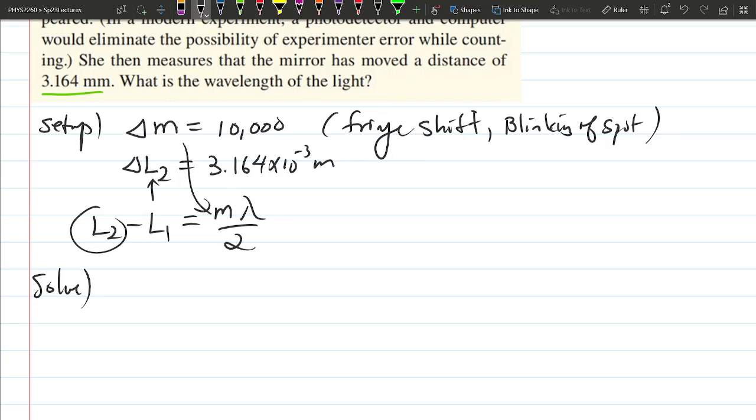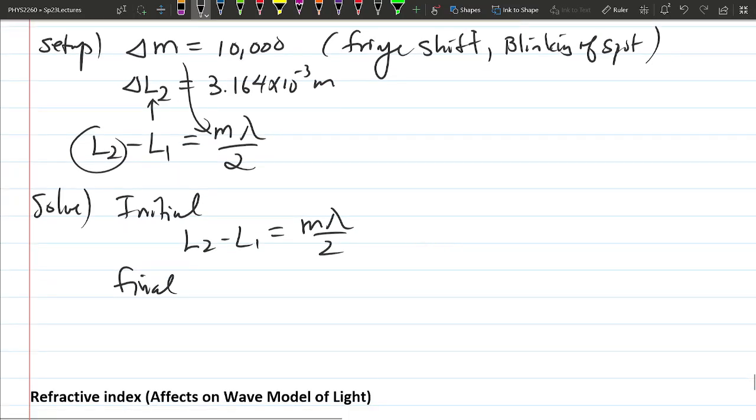Initially, we define L2 minus L1 equals some m times lambda over 2, an m number that we don't care about. Finally, we're going to have L2 plus delta L2, minus L1, where I replace this distance with that.